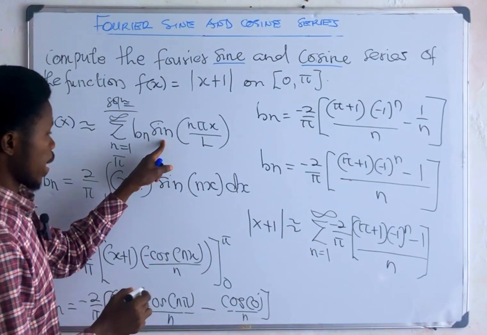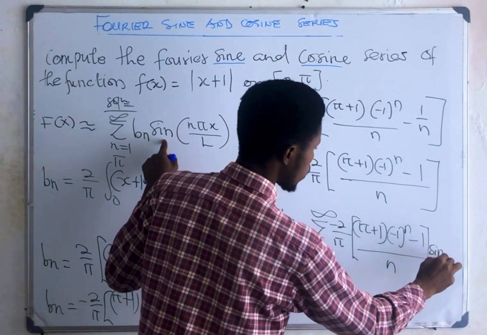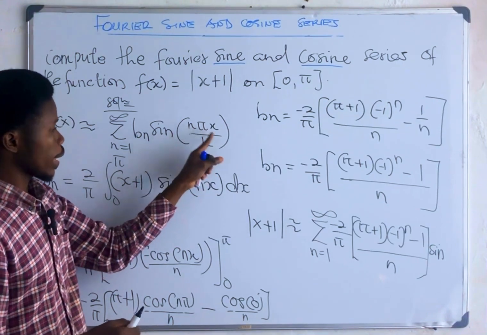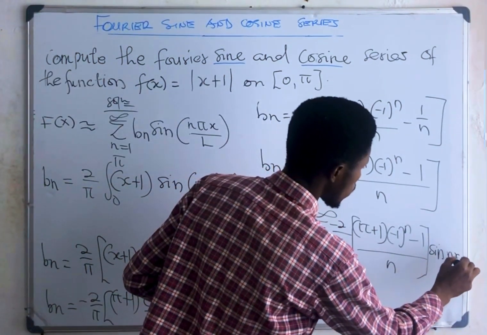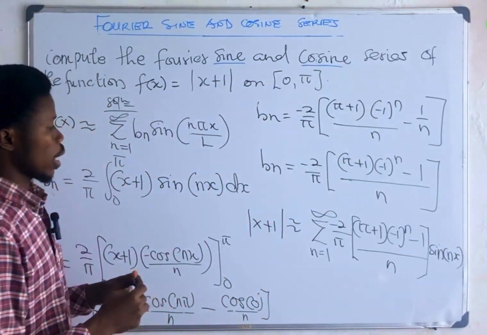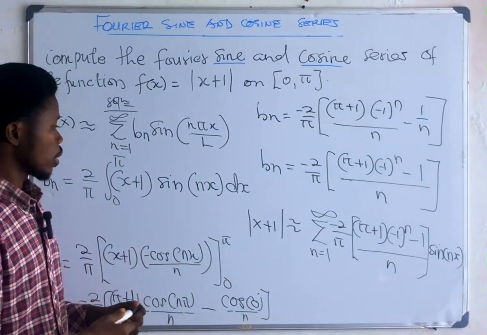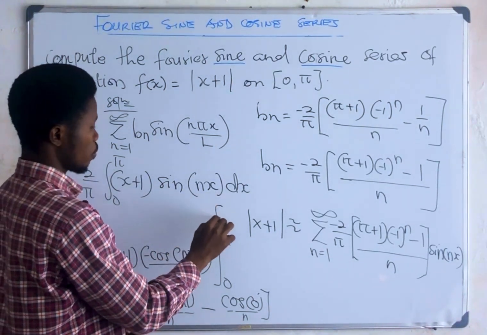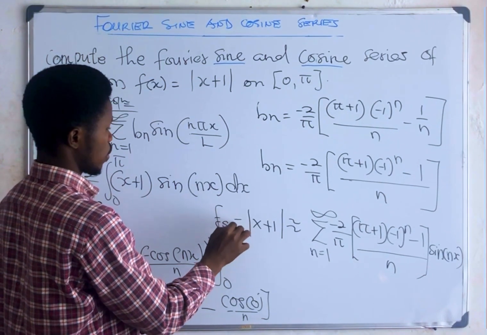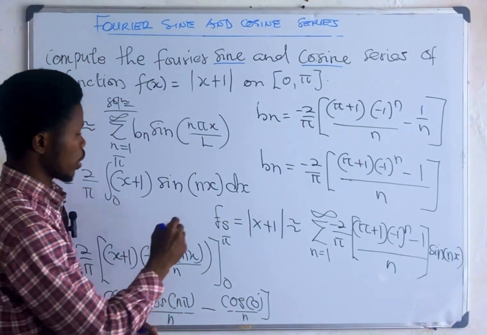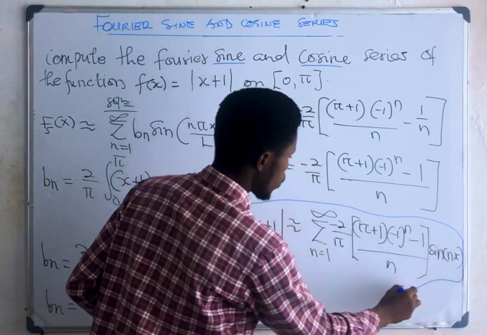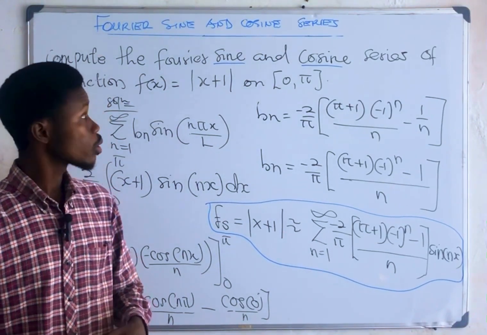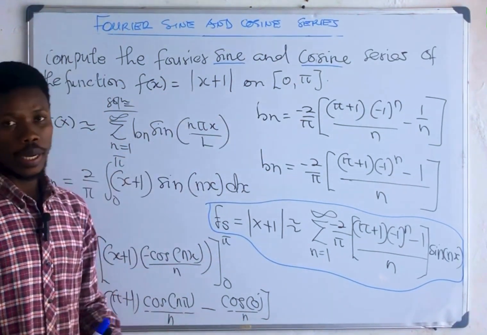Then sine n pi x over L. So the pi will cancel this L because the L is pi. So nx. So this becomes our Fourier sine. That becomes it. So this is the answer you are going to get for the Fourier sine. Is that okay? Thank you. Now let's look at the Fourier what? Cosine. Is that okay?